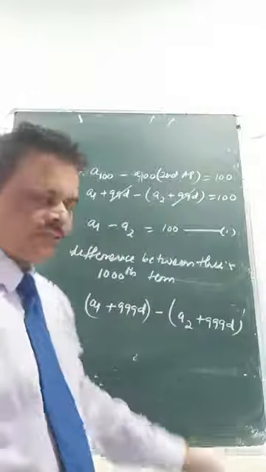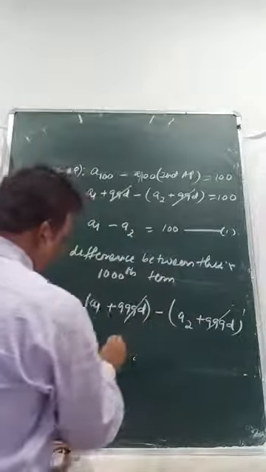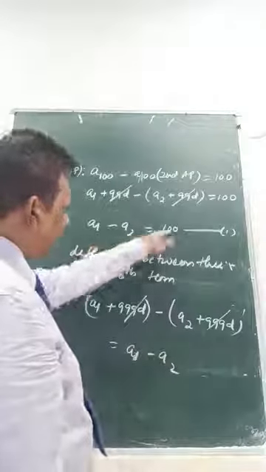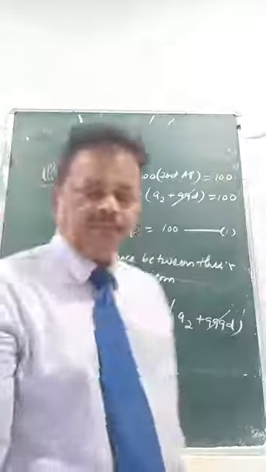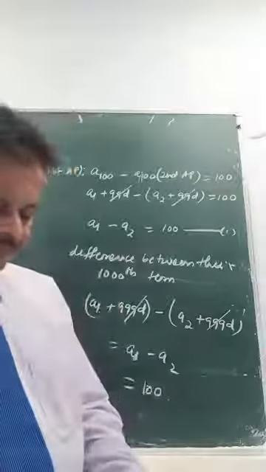This is what you are asked to find out. Because D is the same, it cancels, so how much do you get? A1 minus A2. So what is A1 minus A2? That means this will always be the same, whatever term you find out. Okay. Next.